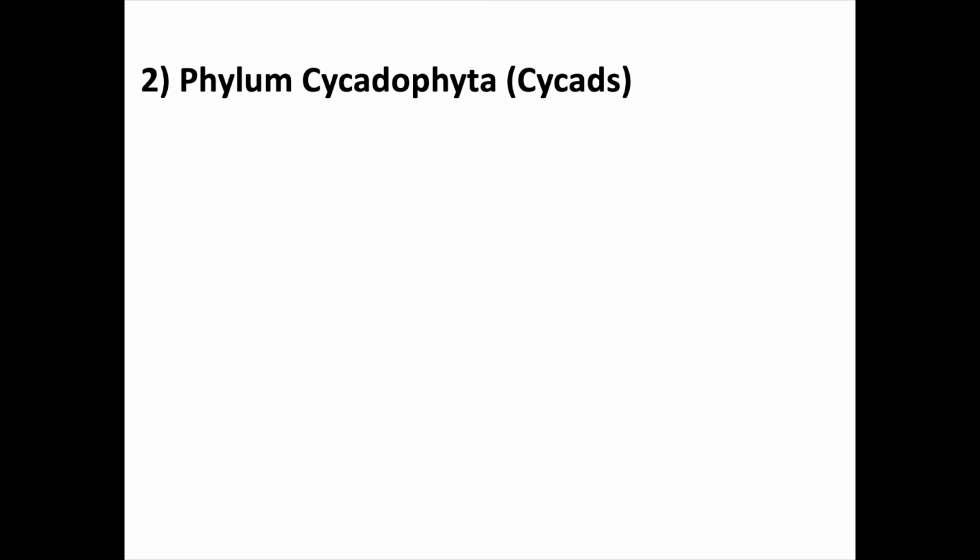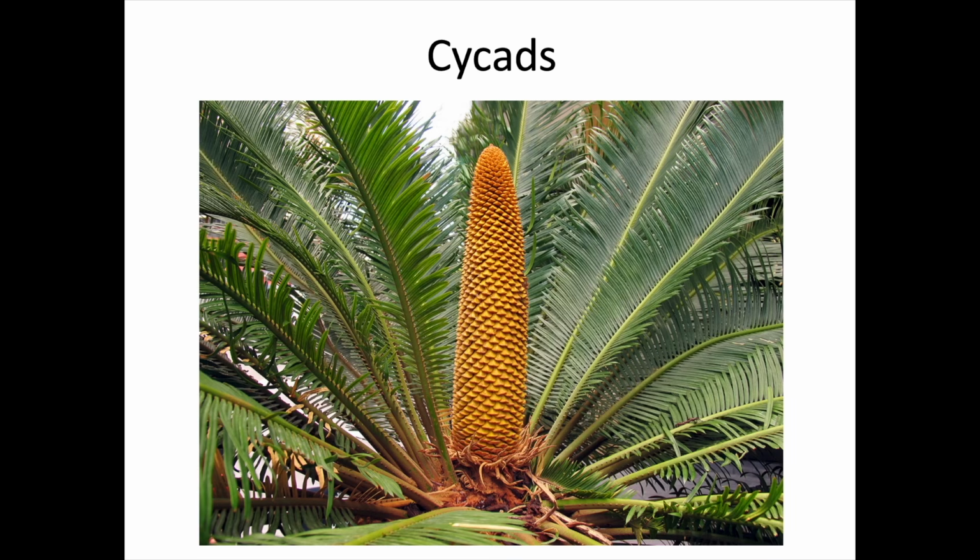So next up, we've got Cycadophyta. Members of this phylum are called cycads. Whoa, okay, that's a heck of a cone. Yeah, cycads have this distinctive, incredibly large, usually single strobilus in the center of the plant. Their leaves kind of look like a palm tree, I guess.